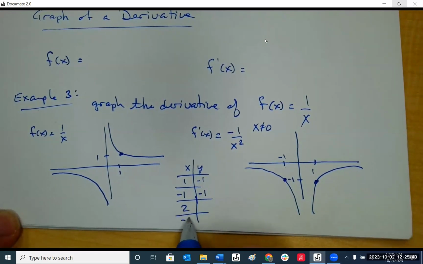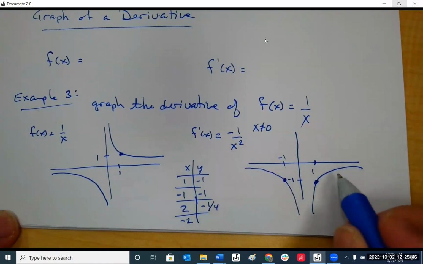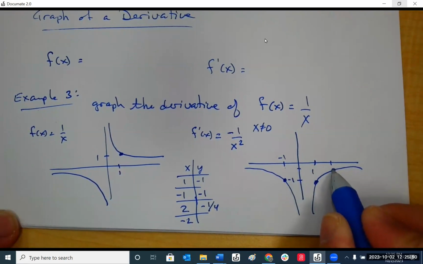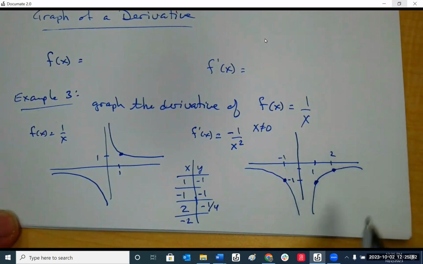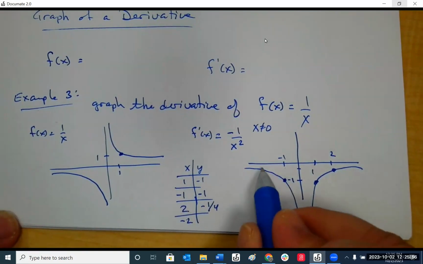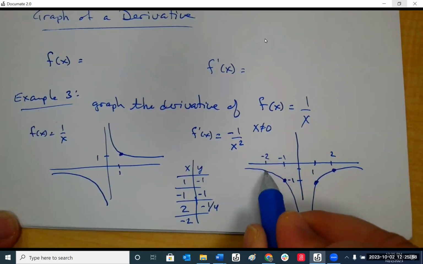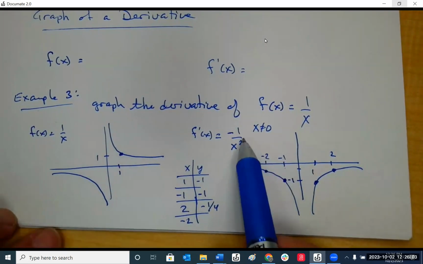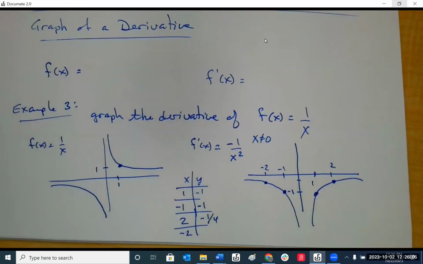At 2, it's -1/4, which is right here. And then at -2, it's -1/4. So once you find the derivative of the function, just plug in points and there you have it.